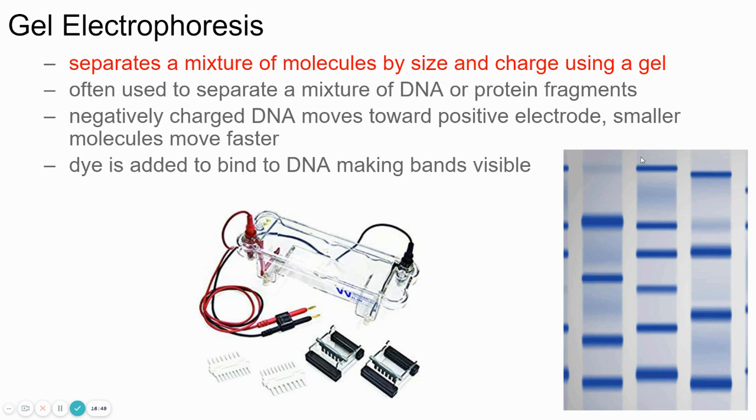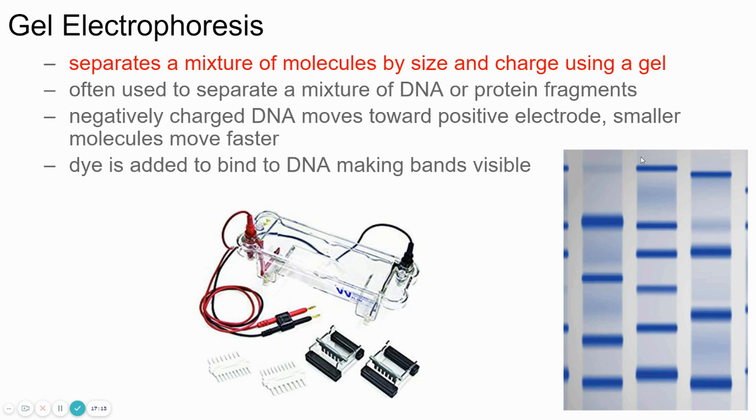Another neat thing is a process that's done sometimes called electrophoresis. Electrophoresis is when you take some DNA samples and you chop them up with a restriction enzyme and you put them into this gel. This is what the equipment looks like. And you put them into this gel and you add electricity.